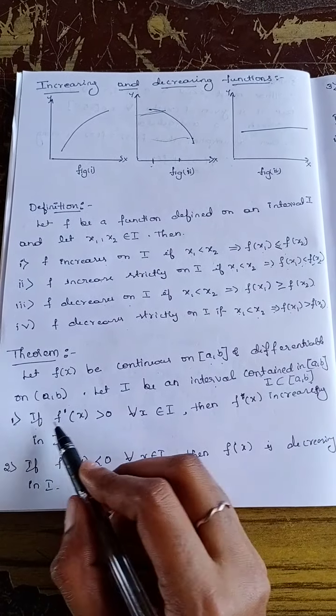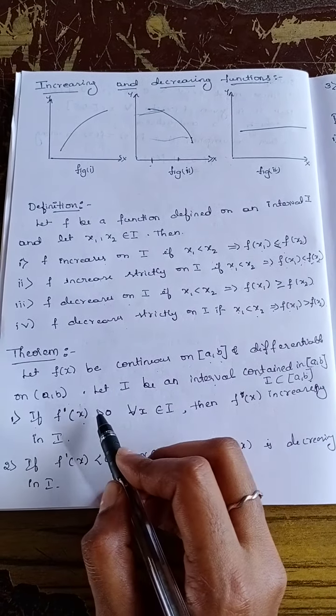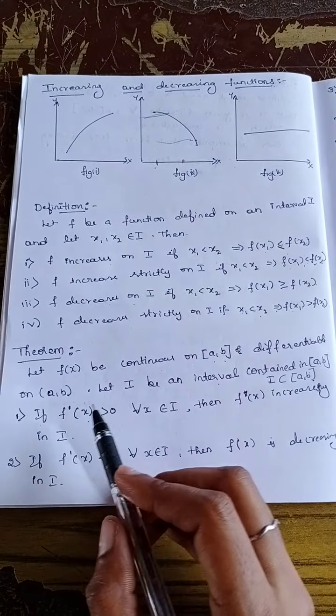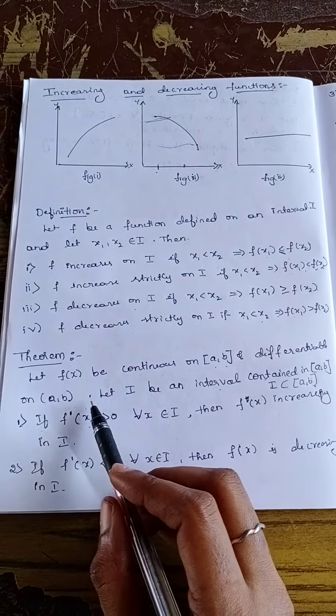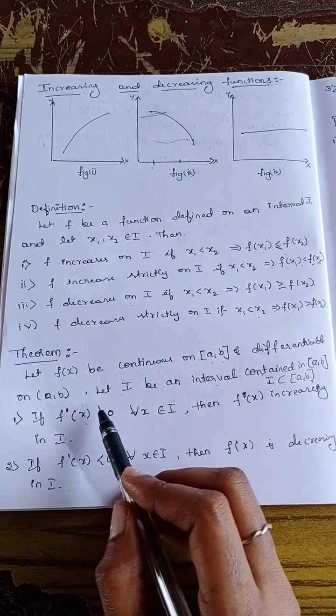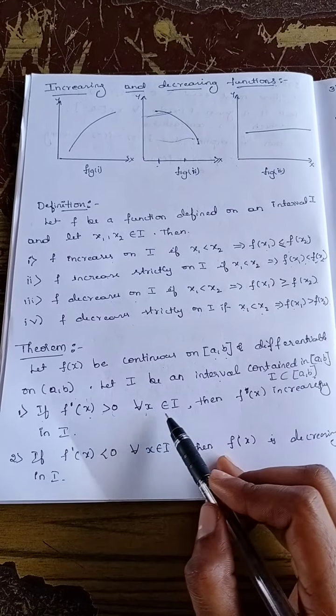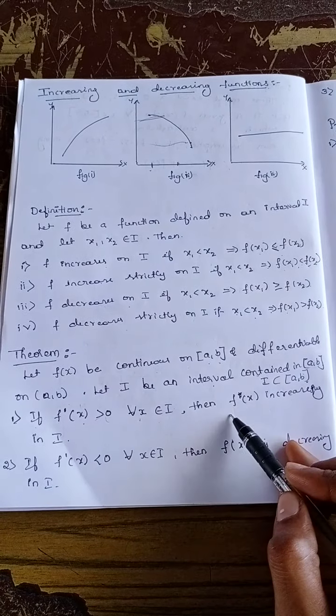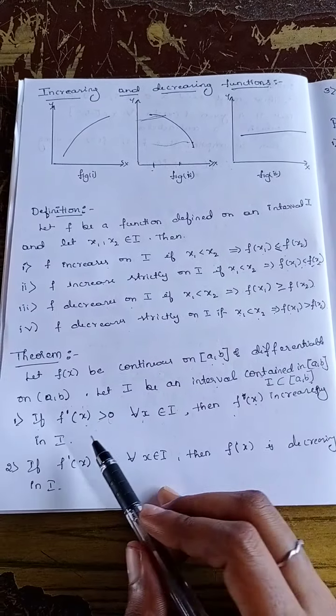Then the first result: if f dash of x is greater than 0, that means the slope of the curve is greater than 0 for all x in the interval I, then f of x is an increasing function.